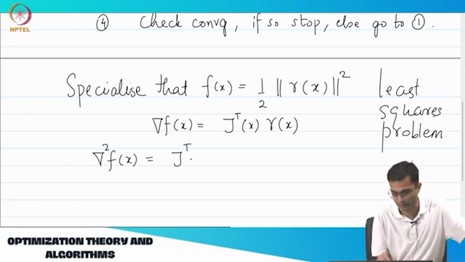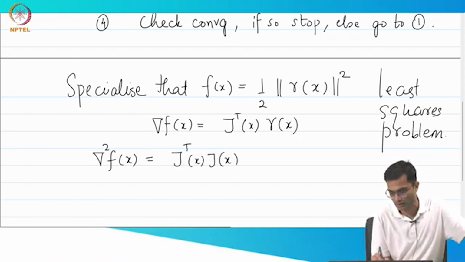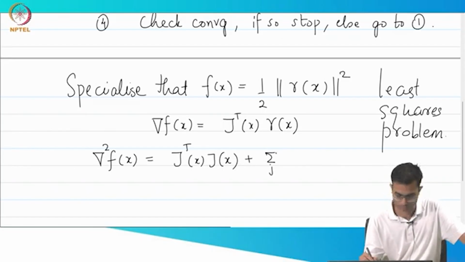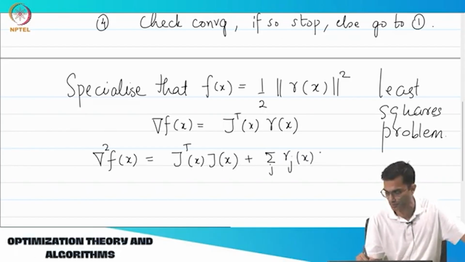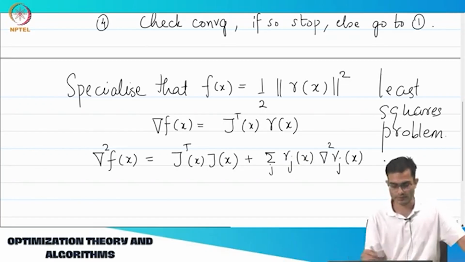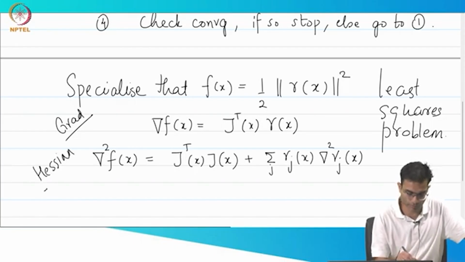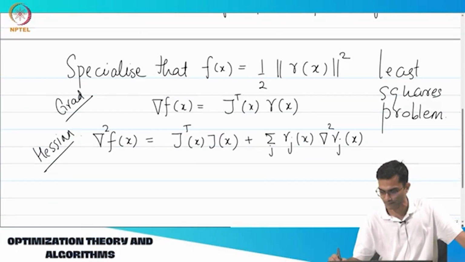So, I had J transpose(x) J(x), that was the first term, and the second term was a summation. There was no nice closed form expression, so I just wrote it like this, right? So, this is my gradient, this is my Hessian, right?